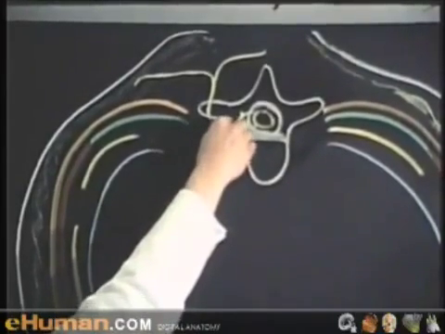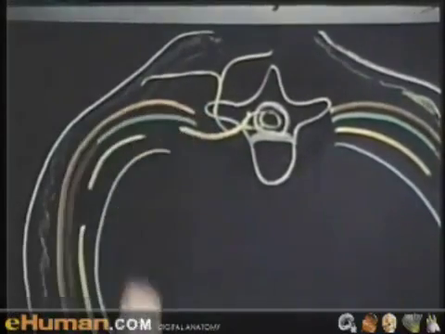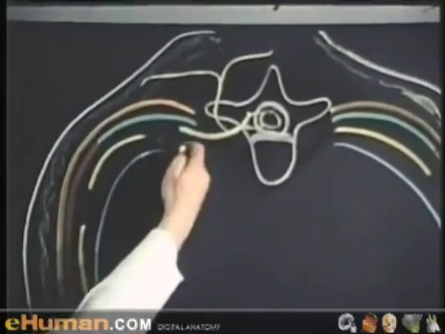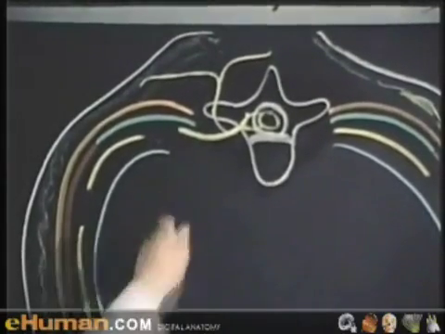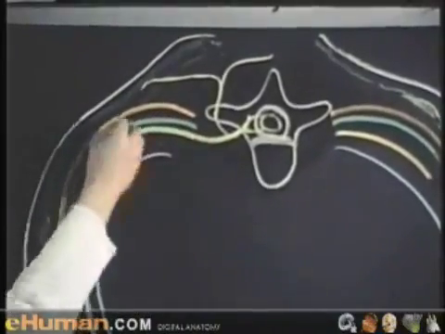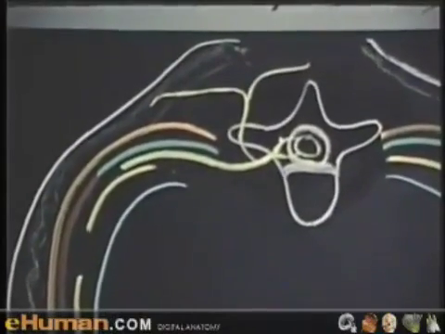Now, the anterior primary ramus courses on round and enters the intercostal space. It's, of course, lying behind the parietal pleura, and it enters the interval between the transverse thoracic and the posterior intercostal membrane.